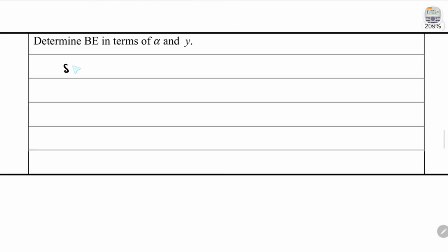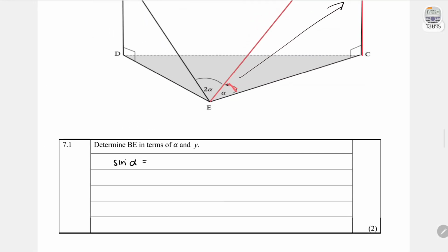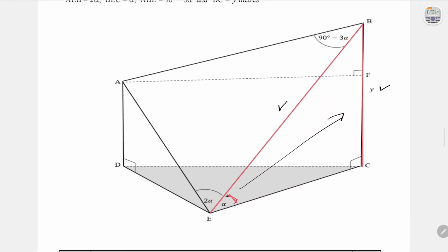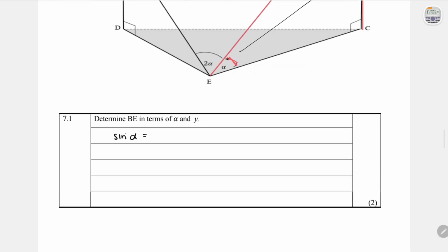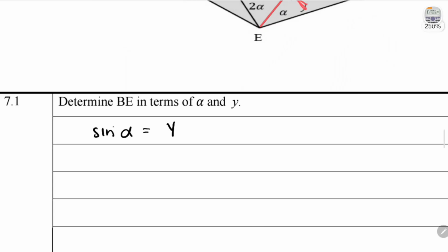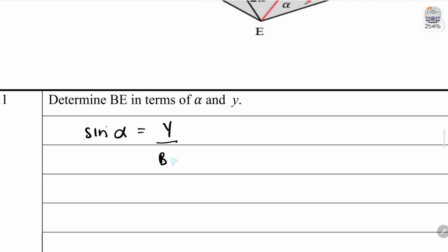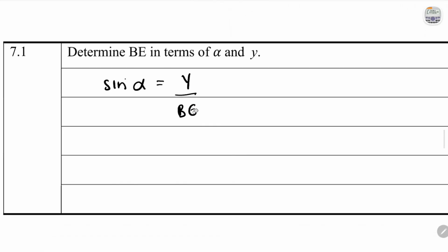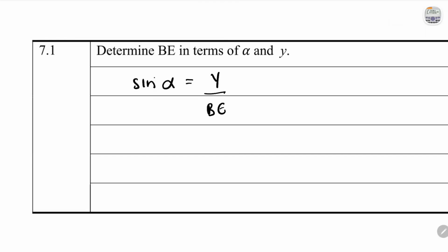So sine of our reference angle alpha is equal to the opposite over the hypotenuse. That is BC, which is y, over our hypotenuse, which is BE. All we have to do here is make BE the subject of this formula. You can see it as transposing.